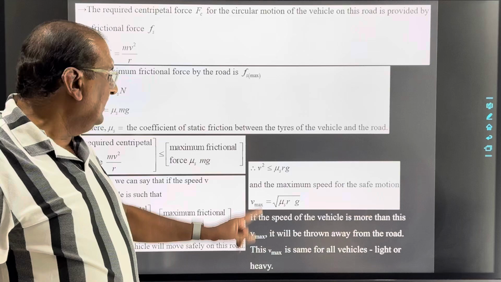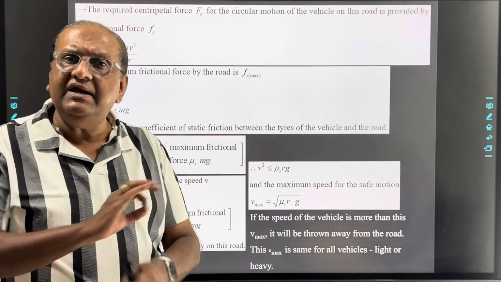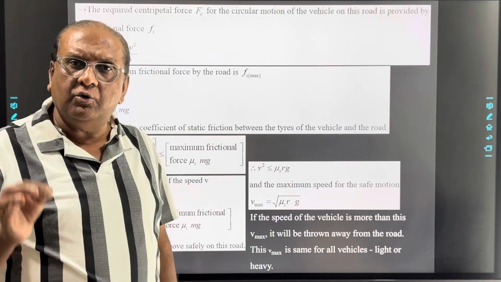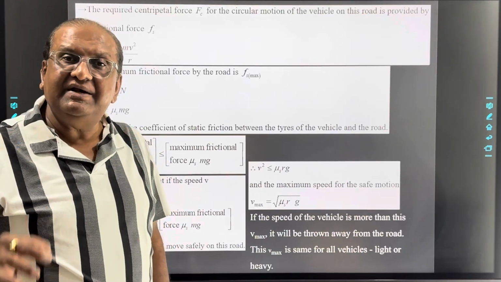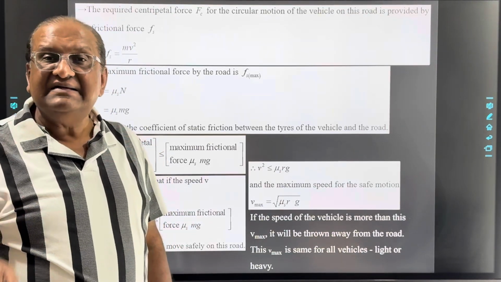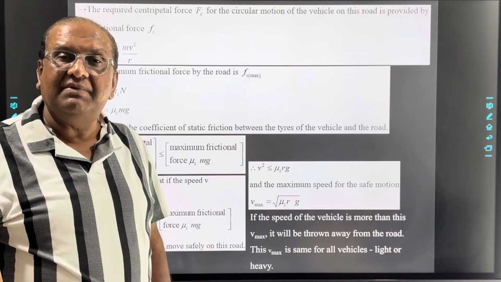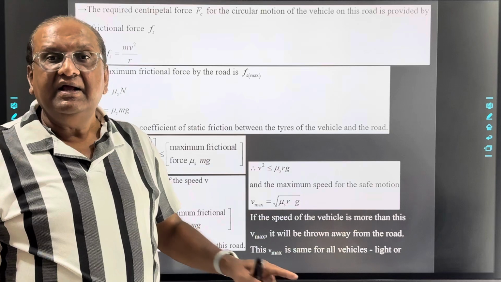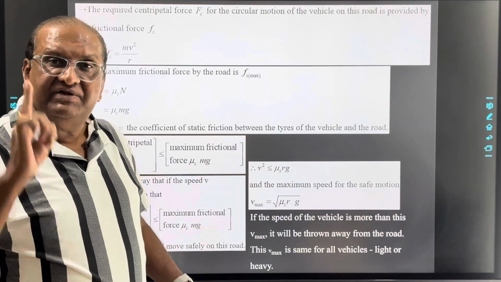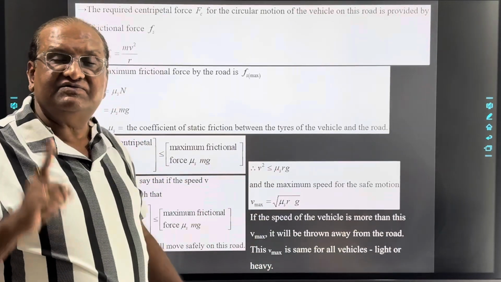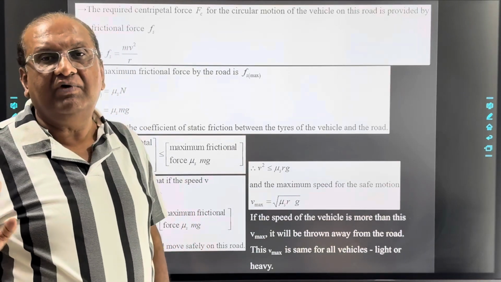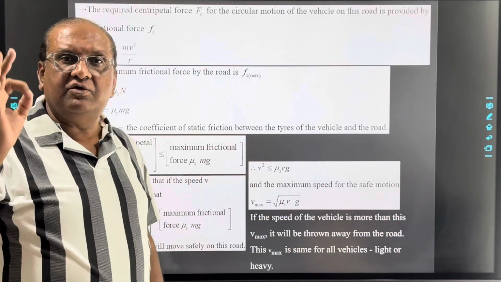It implies that this is true for any type of vehicle. For the given curved level road, the maximum safe speed is the same for bicycle, scooter, motorbike, car or truck, any vehicle. If it moves on that road with a speed greater than this v maximum, then definitely it will slip off in the outward direction. Clear to all of you?